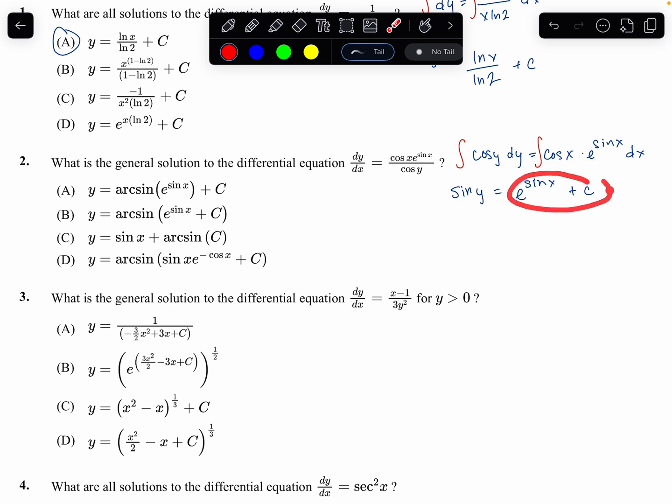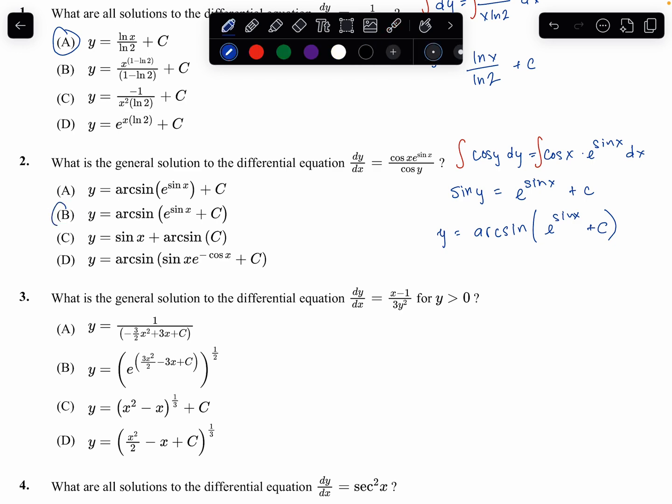So here's our antiderivative on the right side, and now I have to solve for y, which means I would use an arc sine. So y is equal to arc sine of e to the sine x plus c. And yes, it does matter where the constant is. So arc sine, that should be b right here.